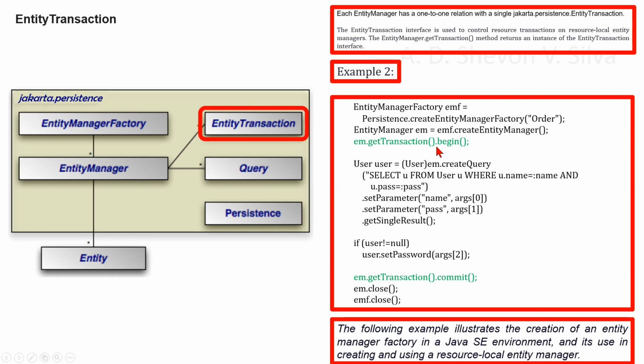The EntityTransaction instance may be used serially to begin and commit multiple transactions. Here you can see a begin method in interface EntityTransaction.